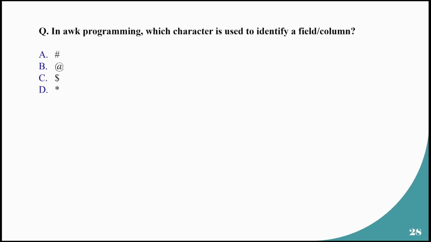So quite useful. In this particular case, the question is asking, in awk programming, which character is used to identify a field or column? A data set will be comprised of rows and columns, right? In the columns, you have the fields or the different parameters that have been calculated, and on the rows, you have the different frames or snapshots for which the parameters are being calculated. So which option could be true here?